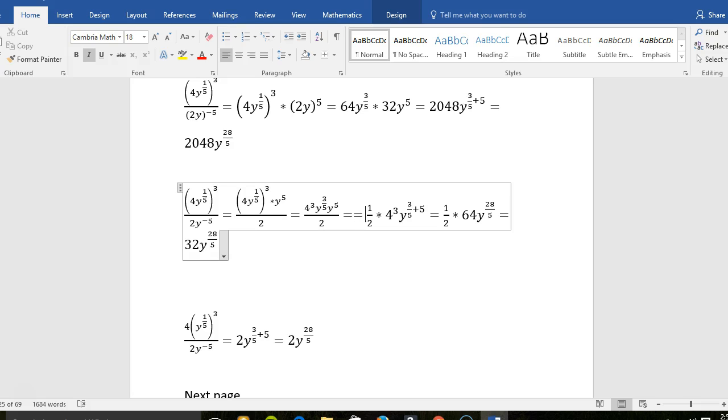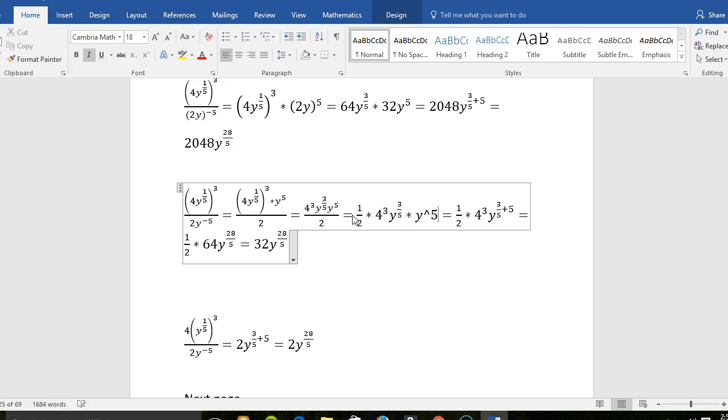Let's just branch that 1/2 off. So we got 1/2 times the product 4 cubed y to the 3/5, and then times that whole thing times y to the 5th. So all this is understood multiplication. You can see it directly here where I have the times signs, of course.